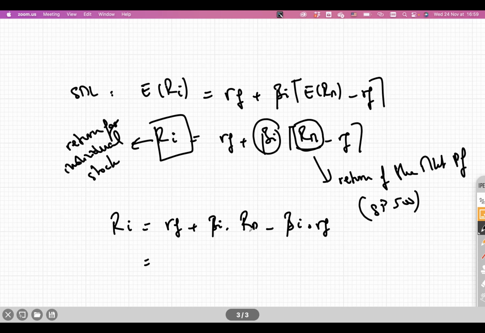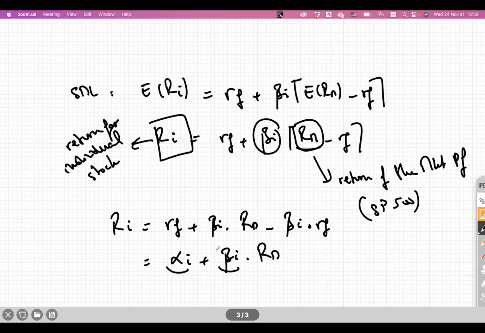The only variables are the RM and RI, right? So I can rewrite it as follows: alpha I plus beta I RM. Alpha I and beta I are constants. These are the two coefficients to estimate.